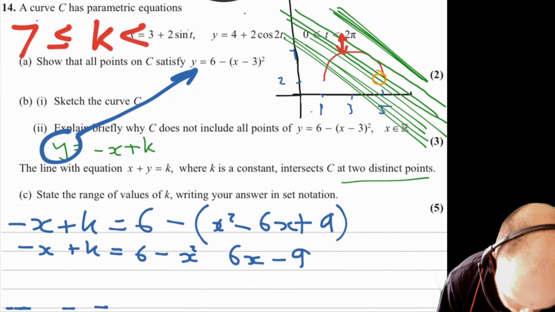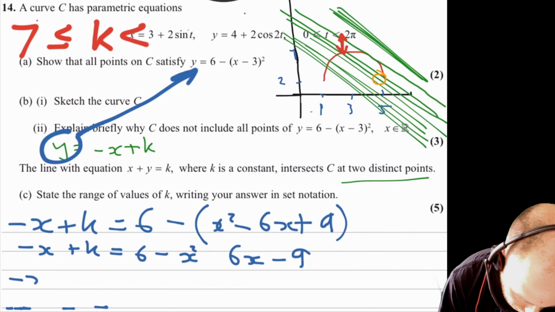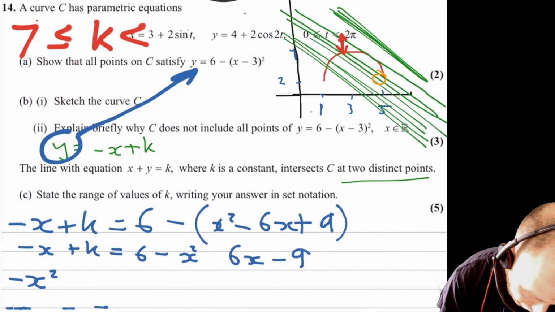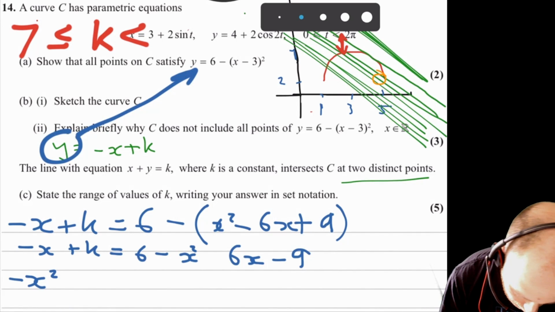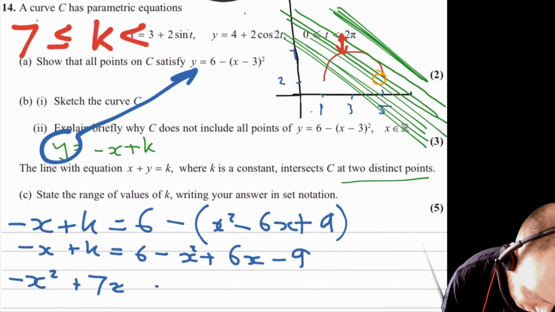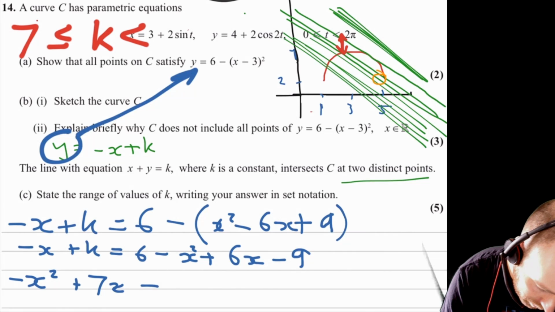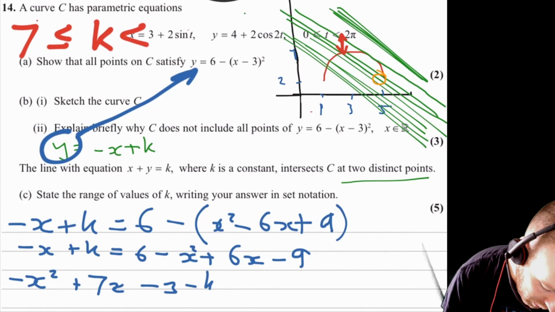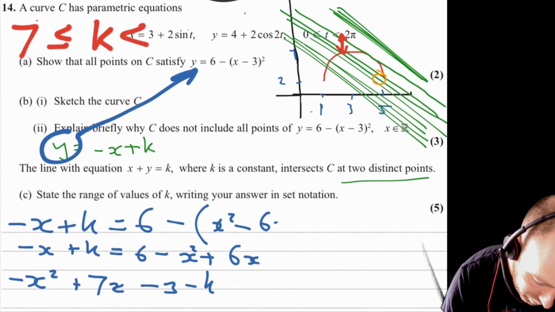Get it all on one side, so we're going to get minus x squared plus 7x minus 3 minus k. So that's my quadratic.